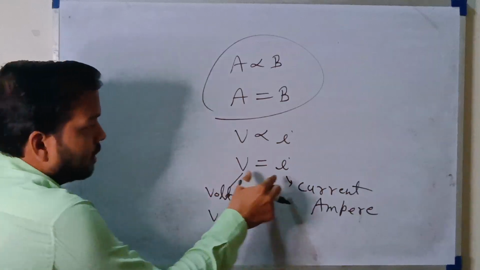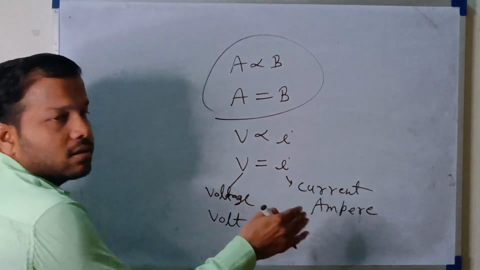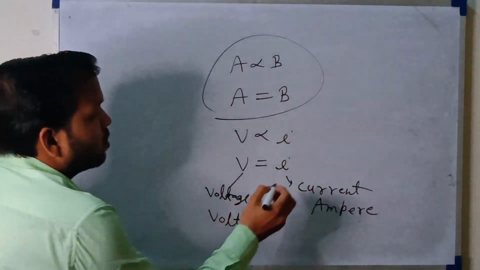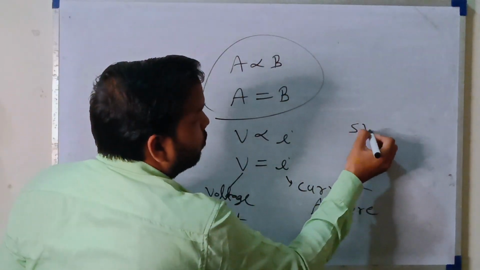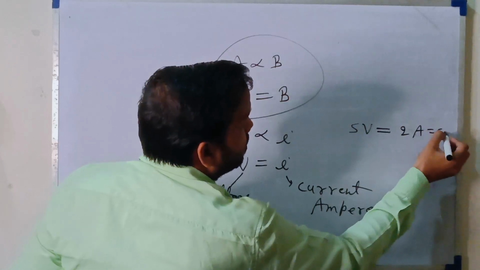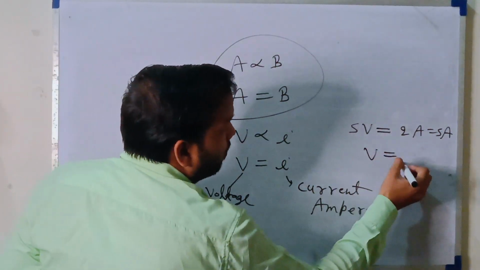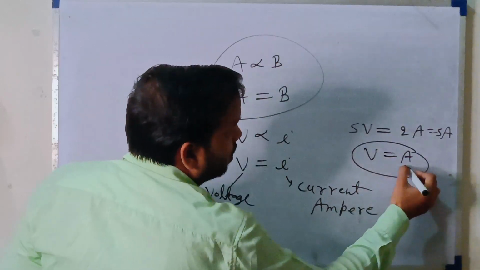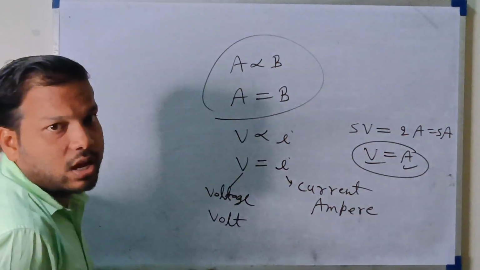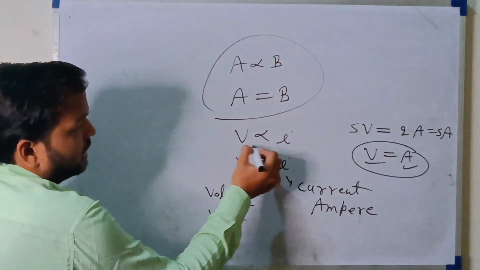Both are different quantities. Voltage is in volt, current is in ampere. So we cannot write 5 volt is equal to 2 ampere. Volt cannot be equal to ampere. Both are different quantities, and that's why we cannot use the sign of equal to in this case.